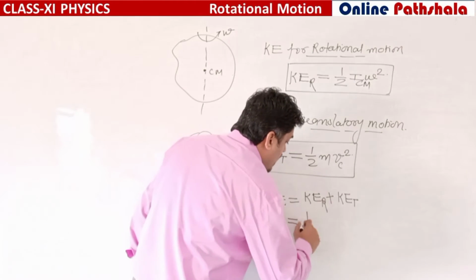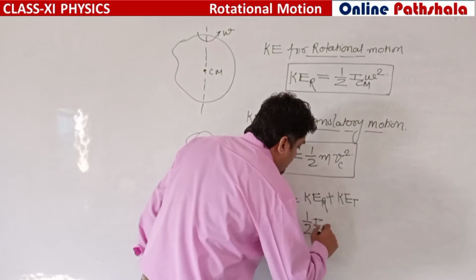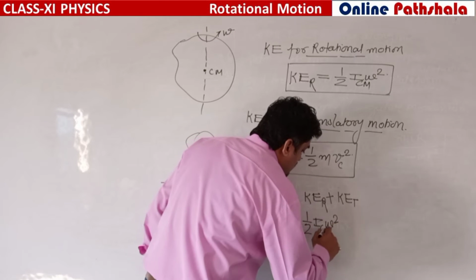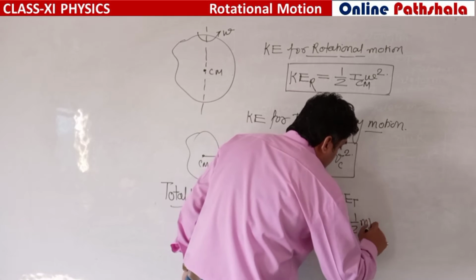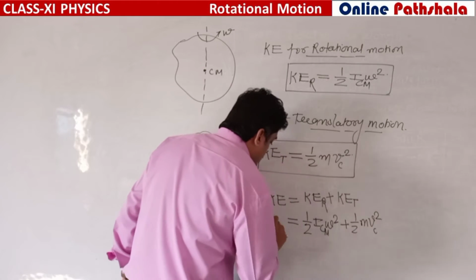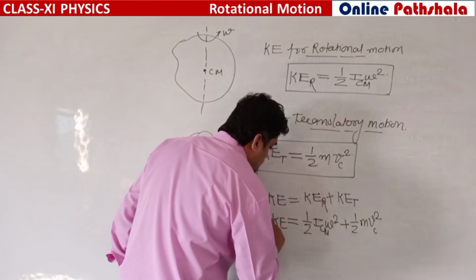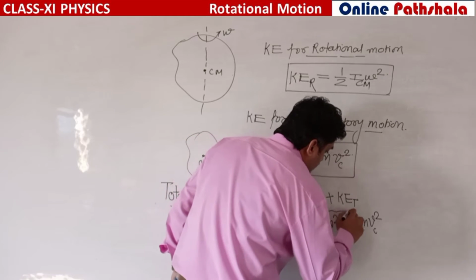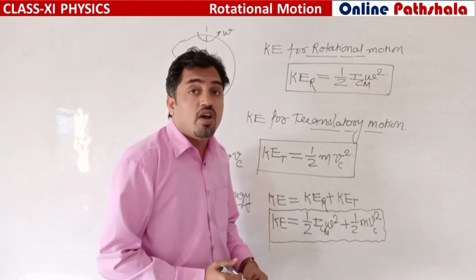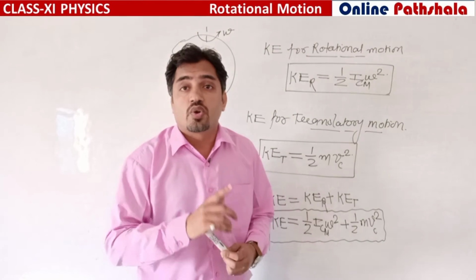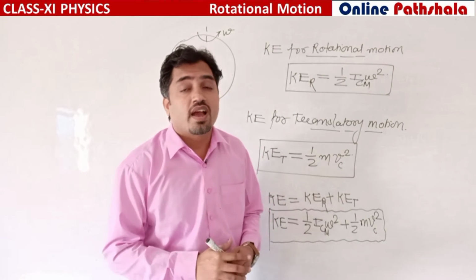So it is half I about cm omega square plus 1 by 2 m Vc square. It is the total kinetic energy. So if we are talking about the kinetic energy, we have to consider both rotational plus translatory kinetic energy.